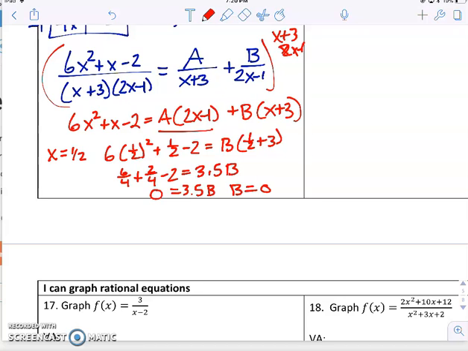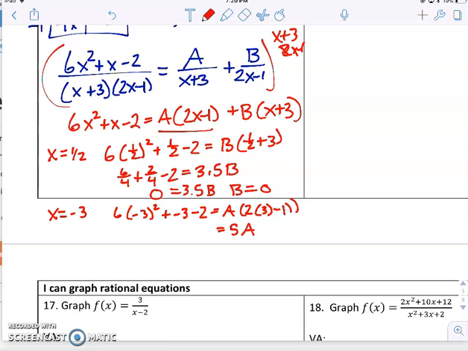All right. And so the second case would be when x equals negative 3. So 6 times negative 3 squared plus negative 3 minus 2 equals a times 2 times negative 3 minus 1. So this is 5a.